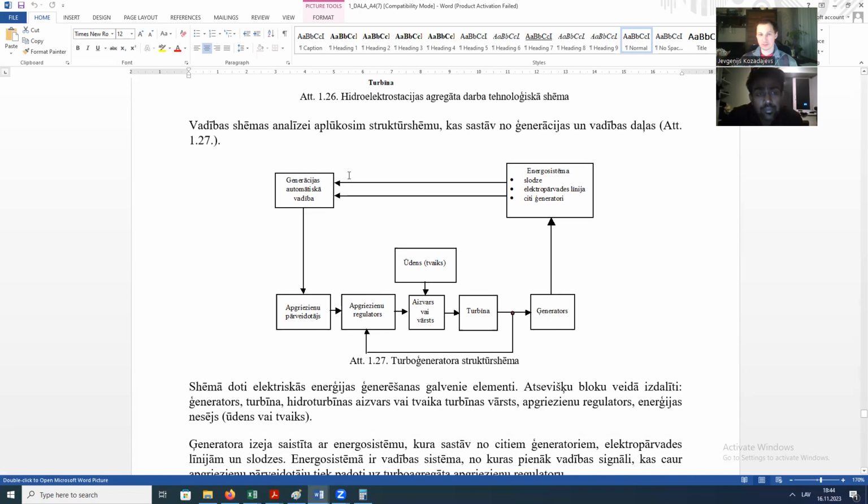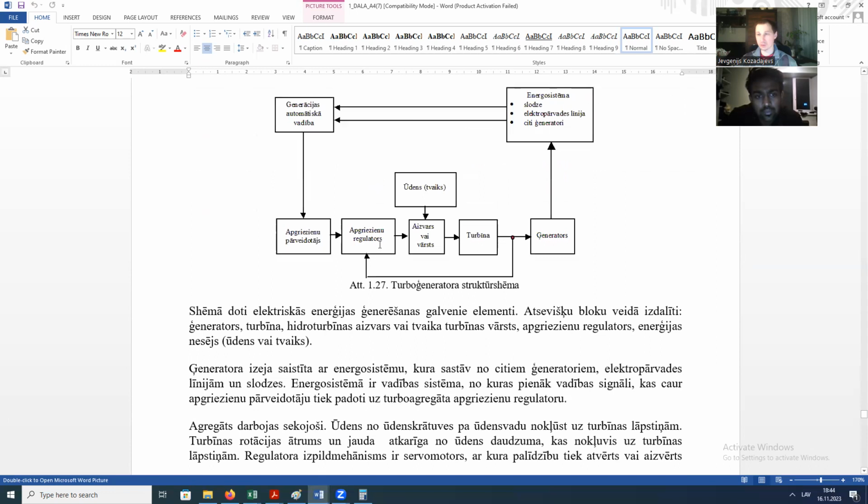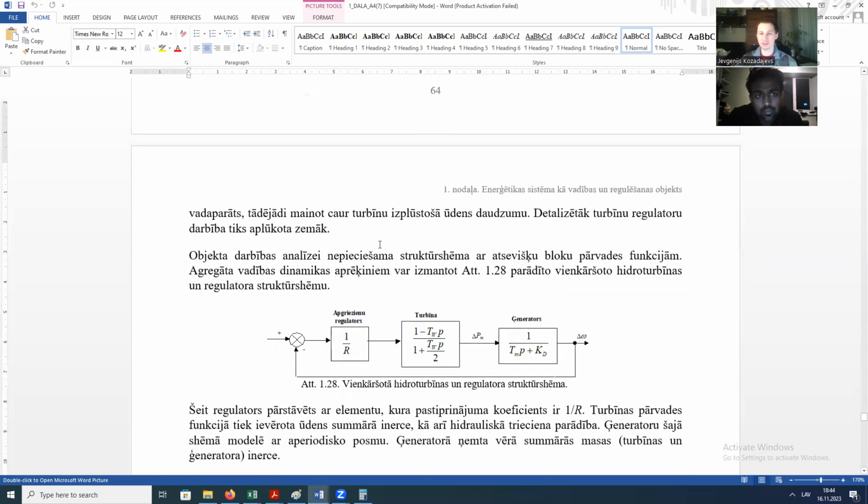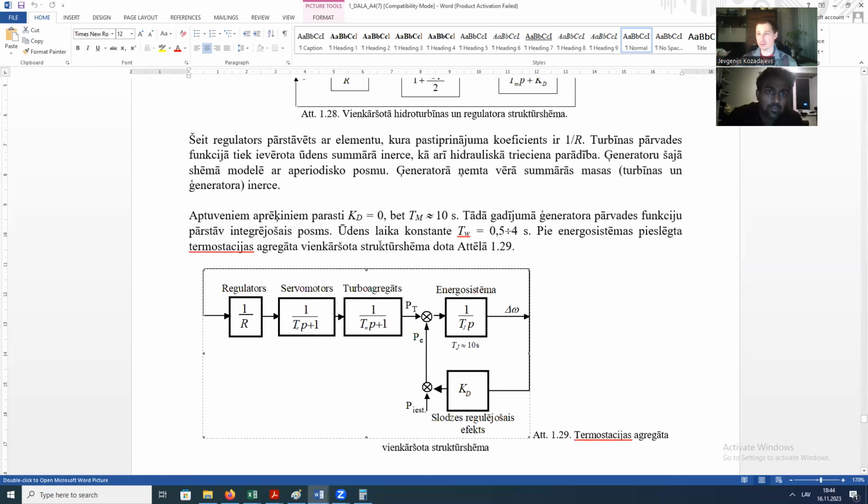And this is where we monitor this power system's values, in this case frequency, to understand what is going on, whether it is in balance or not. So in this case, the regulator's task is to increase and decrease the power of the concentrated generator to keep the system in balance.